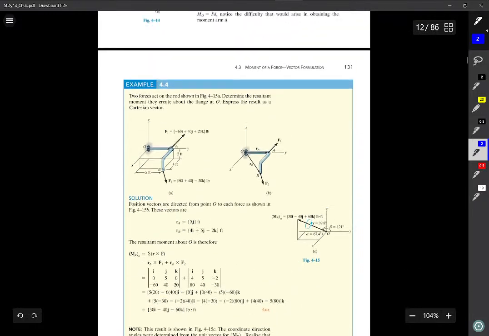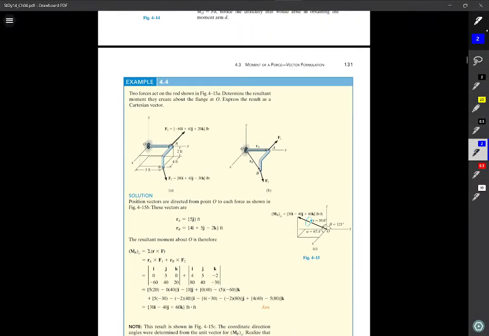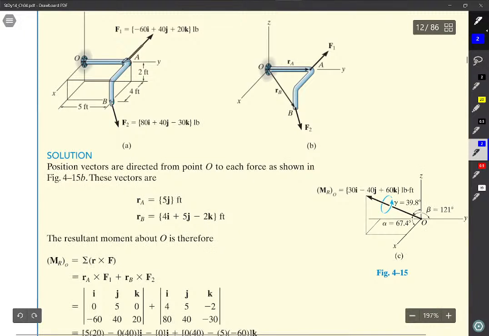So all of these look incredibly similar. Now what he does in the textbook is a little bit annoying to me later on, but I stick to the fundamentals. In other words, drawing a vector from the point you're interested in the moment about.